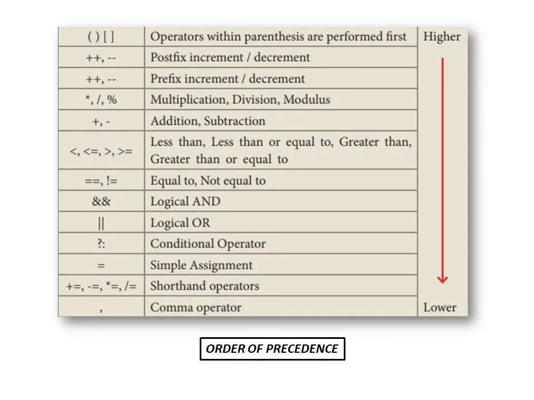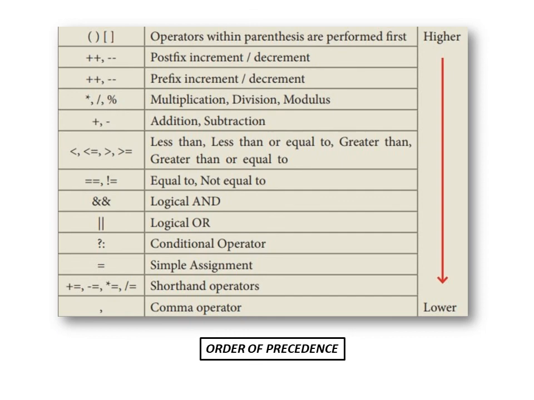After that we use equal to, then not equal to. In relational operators we first use logical and, then logical or. Then we use the ternary operator, the conditional operator. Next we use the simple assignment, then the shorthand assignment operators.